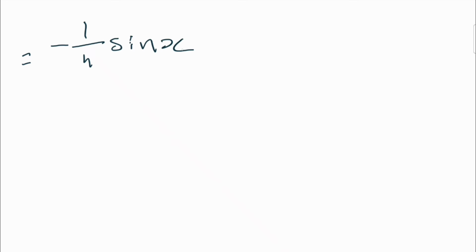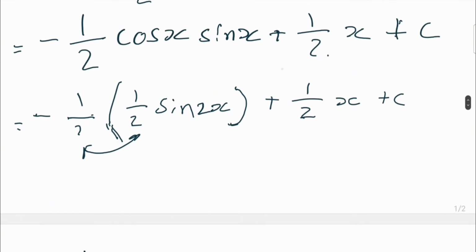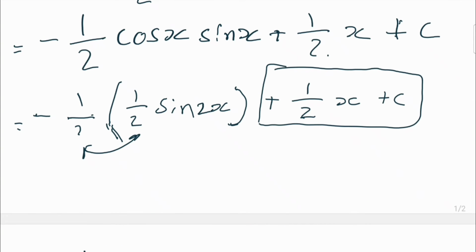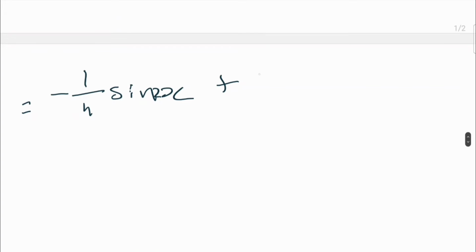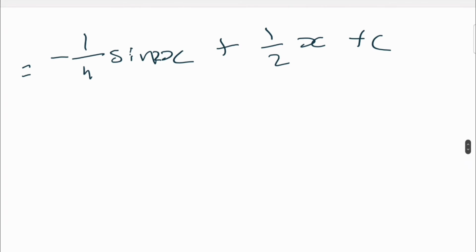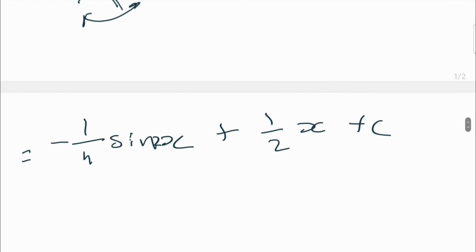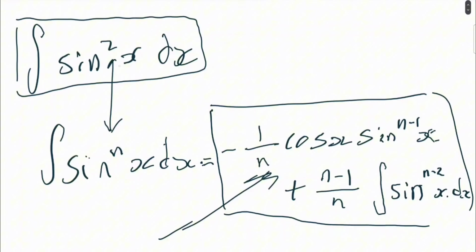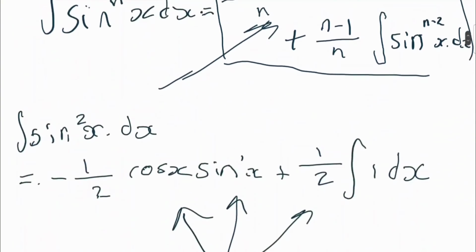Okay, so negative 1 over 2 times 1 over 2 sine 2x is just going to be equal to negative 1 over 4 sine 2x plus this part here plus 1 over 2 x plus c. So that can be our final answer for the integral of sine squared of x dx using integral reduction.